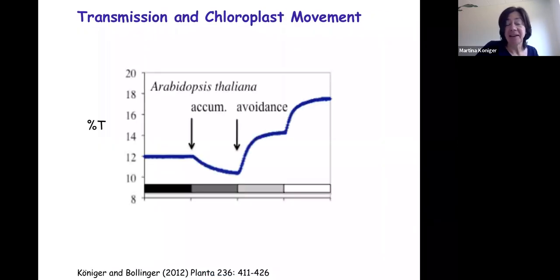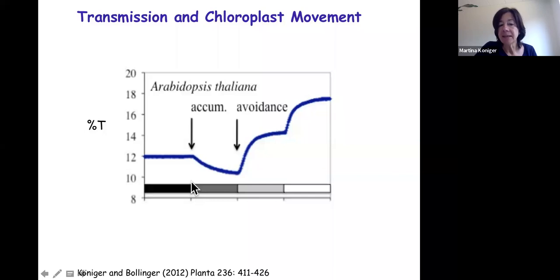Okay. And so what you can do in the end is measure transmission as an indicator of chloroplast movement. So what you see here is I took a leaf and had it in the dark. Down here below is what I'm doing to the leaf, what kind of treatment. So I have the leaf in the dark and I can measure transmission. I find that 12% of the light is neither absorbed nor reflected, but makes it right through the leaf.